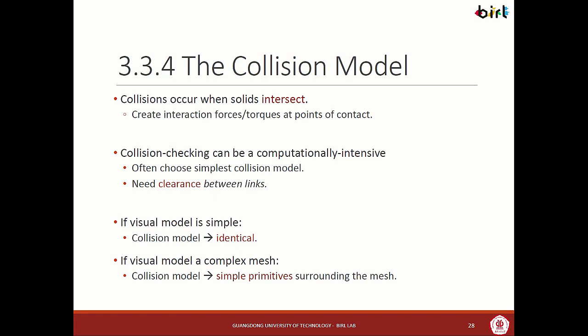So let's say you have a really nice advanced model for one of your links. Yeah? Instead, you might choose a very simple collision model. For example, if the visual model is a complex mesh, just choose a simple primitive that surrounds the mesh. A mesh is created in a program like SolidWorks. It's a surface of triangles.